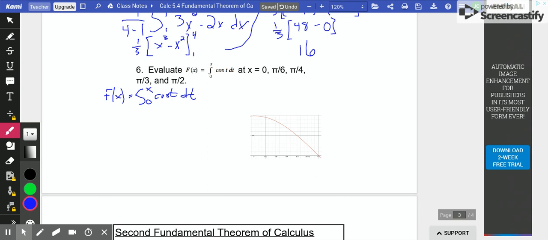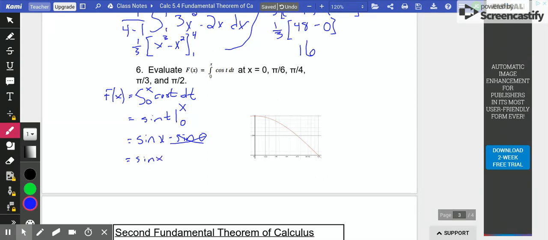Okay, so to do this, the antiderivative of cosine t is sine of t. And we want to evaluate 0 to x. So we get sine of x minus sine of 0. The sine of 0 is just 0, so we don't need to worry about that part of it. So our function is just sine of x.